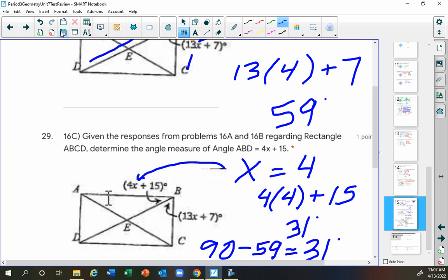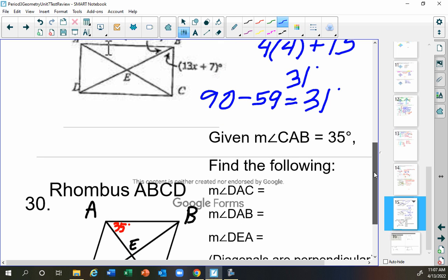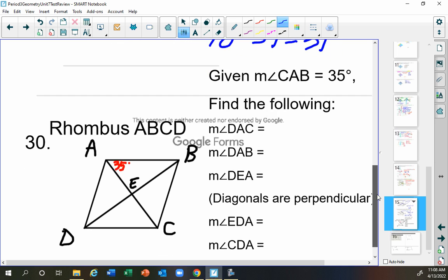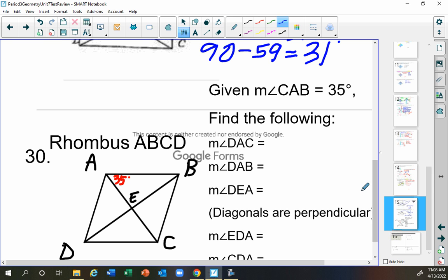Okay. Last thing I want you to do real quick. I'm going to talk about this problem right here. You know what? I don't know if I'm going to have enough time. So what we're going to do, basically, I'm going to fill this in for you. But just beware where we're getting these numbers, because on the test, you're going to have a very similar problem.